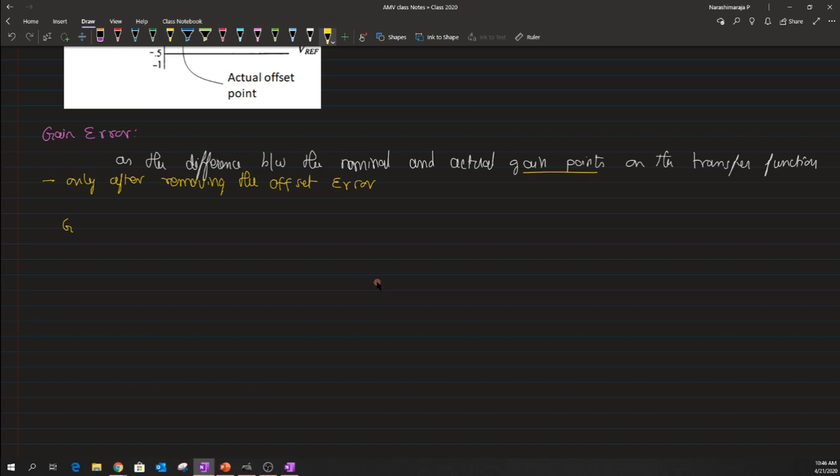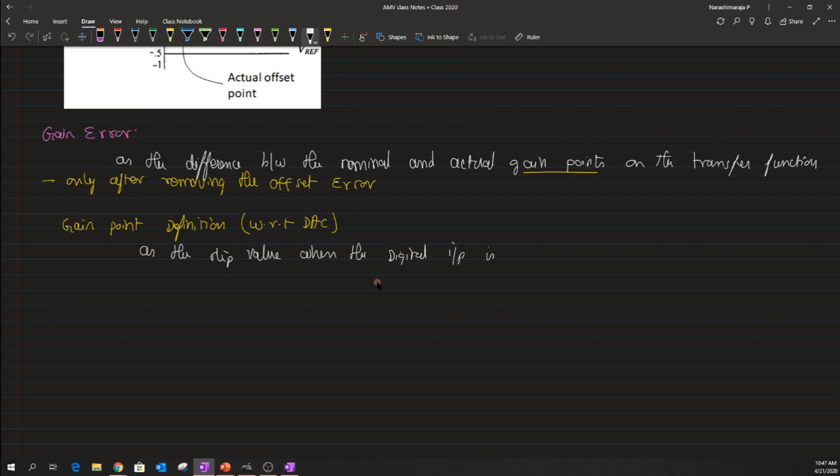So the gain point definition, with respect to a DAC, is defined as the step value when the digital input is full scale.